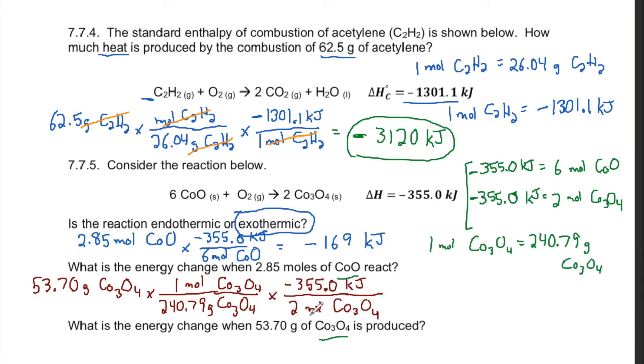And then the relationship here, every 2 moles of Co3O4 produced will release 355.0 kilojoules of energy, and that gives a result of negative 39.6 kilojoules of energy. So 39.6 kilojoules of energy being released when 53.70 grams of product is produced.